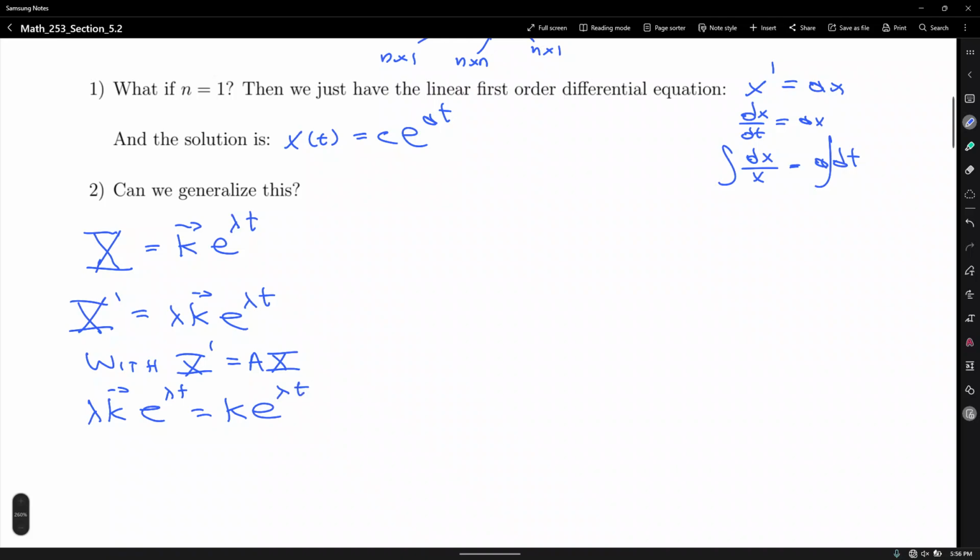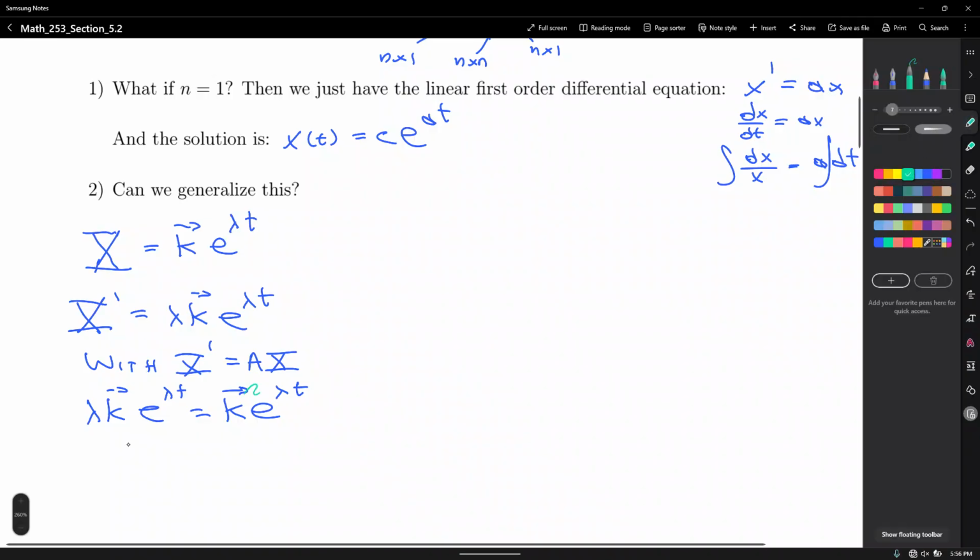What do we do from here? I would like to simplify this equation. I would like to divide both sides by the exponential. Why can I divide both sides by the exponential e to the lambda t?